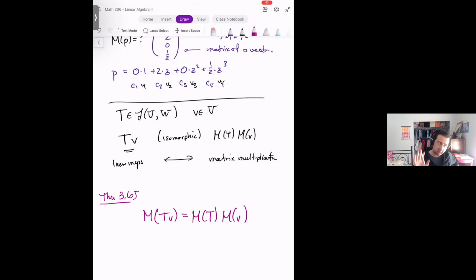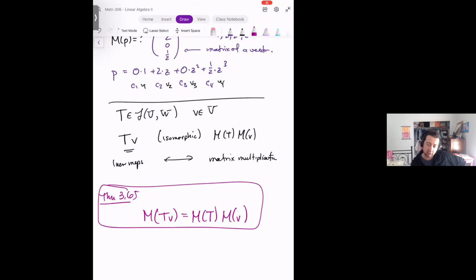Now I don't have enough time today to talk about some examples of that, but this idea right here is the core idea of why we think about matrices at all: anything that I can write down as a linear map on a finite dimensional vector space can be thought of as multiplication by a matrix. So maps correspond to matrix multiplication, and that's going to let us study the family of linear maps as a concrete numerical object that we can work with computationally.